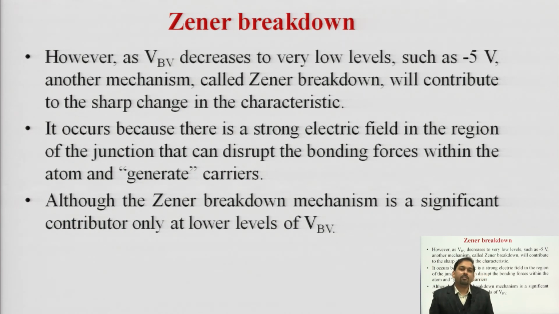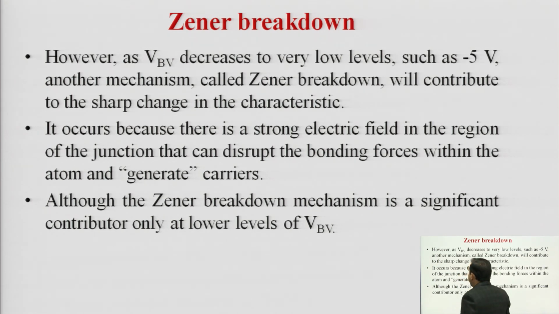This intense electric field is responsible for ionization of bonds, means the valence electrons will leave the parent atom. Due to the increase in the number of free electrons, the current increases in the opposite direction. This phenomenon occurs at lower voltage, whereas the avalanche breakdown phenomenon occurs at high voltage.